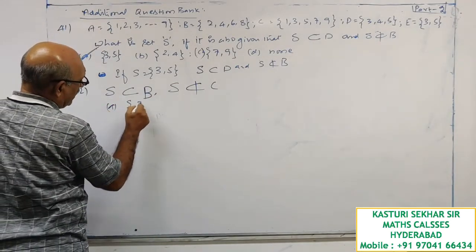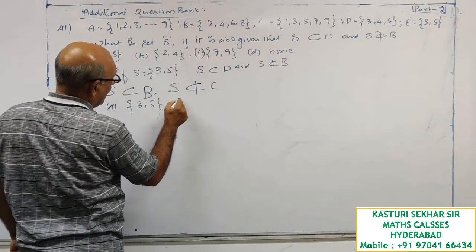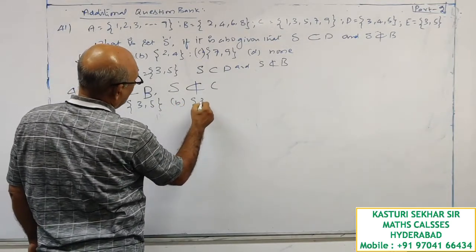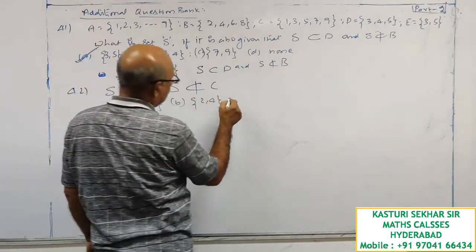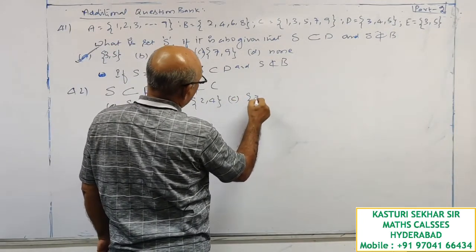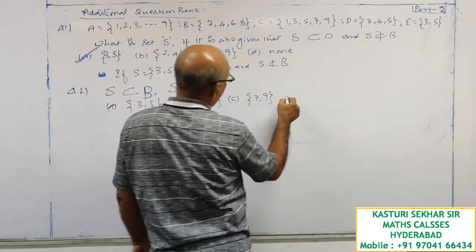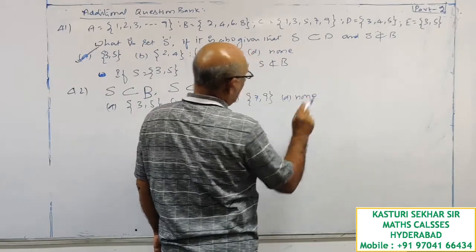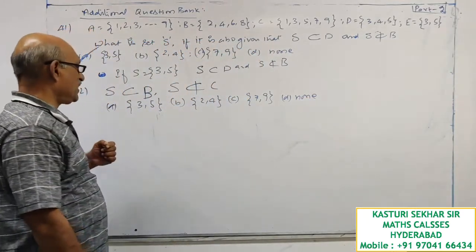Option A is {3, 5}, option B is {2, 4}, option C is {7, 9}. Once again, verify these conditions.